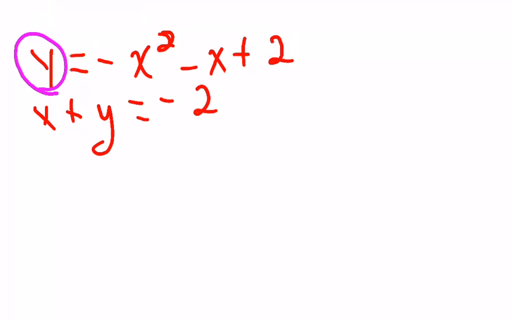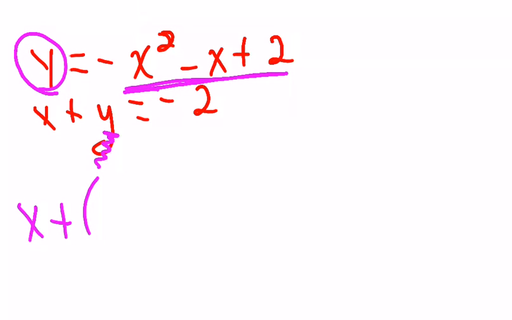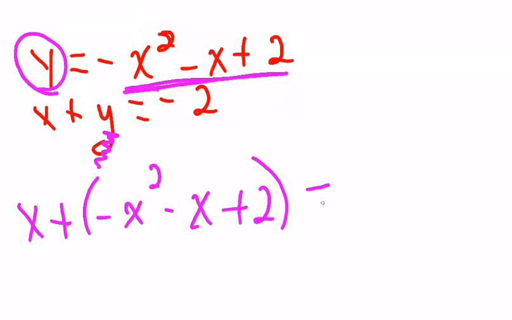So what I'm going to do is, here's where y is in the other one, I'm going to replace it with all of this. So if I rewrite that second one, I get x plus all of this: negative x squared minus x plus 2 equals negative 2.